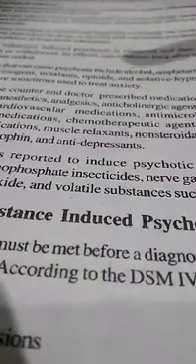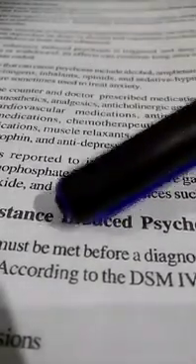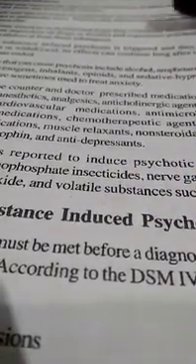Substance-induced psychosis is triggered and sustained by intoxication or withdrawal. People may overdose on commonly used recreational drugs such as cocaine, and also experience psychotic symptoms while in withdrawal from those substances.